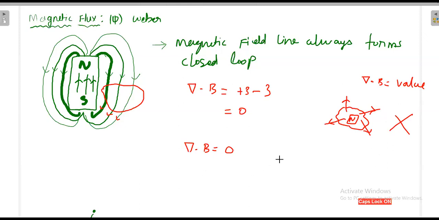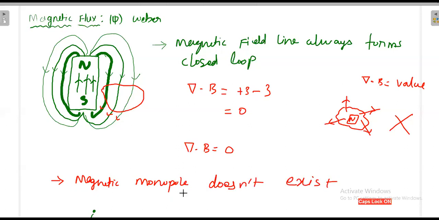So what is the main condition? Magnetic monopole does not exist. That's why del dot B is always equal to zero.